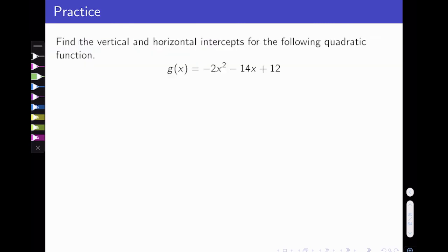We want to find the vertical and horizontal intercepts for the following quadratic function. It's important to remember that for vertical intercepts, you'll set the input to 0. So in this case, you'll set x equal to 0. For horizontal intercepts, you'll set the output equal to 0.